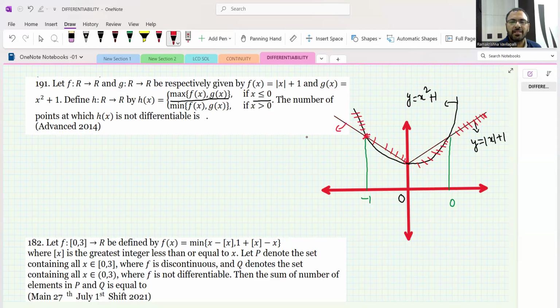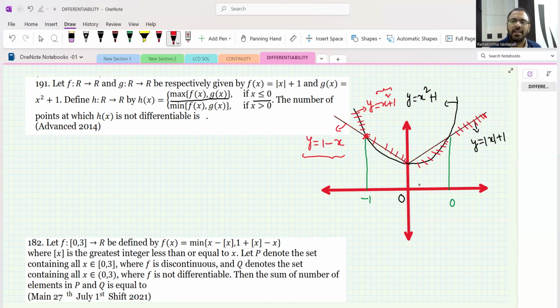This is y equals 1 minus x, and this function is y equals x square plus 1. Easily you can verify it. What is the derivative of this function? Minus 1. What is the derivative of this function? 2x. Substitute x equal to minus 1. They are unequal.